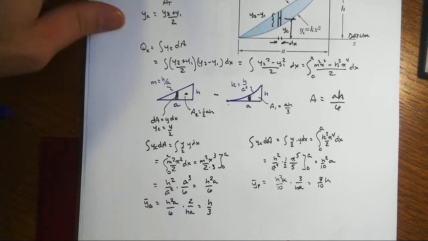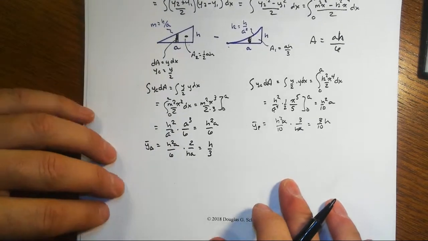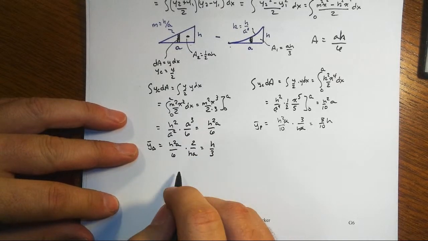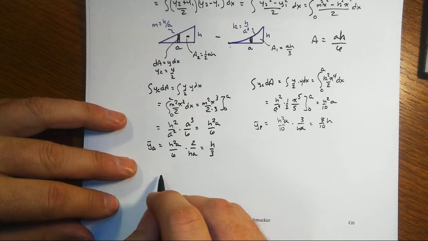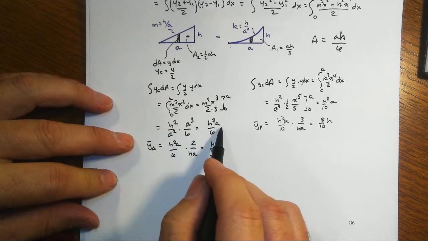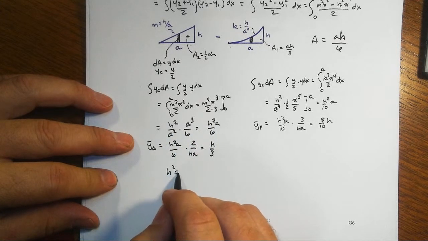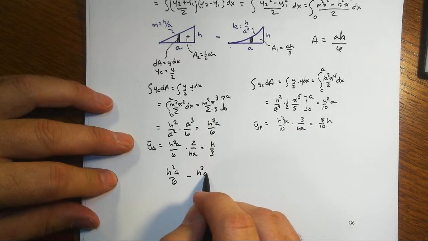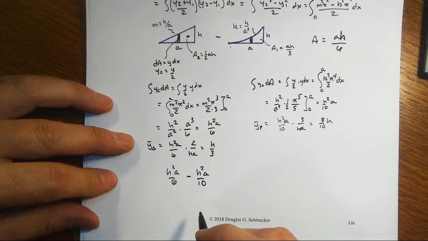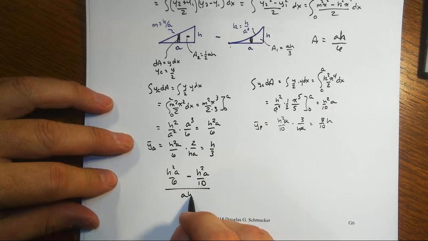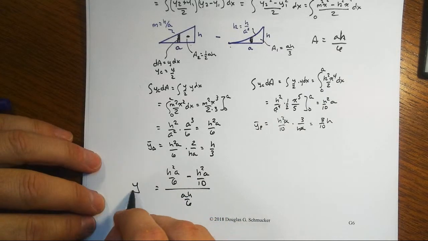Okay, now we can put all this together if we want. Right? So now we can do the same business that we have done before, and that is that we've got to take the first moment of the big stuff, the positive stuff. That first moment is h squared a over 6 minus the first moment that we have from the negative area, all divided by the net area, ah over 6, and that is our y bar.